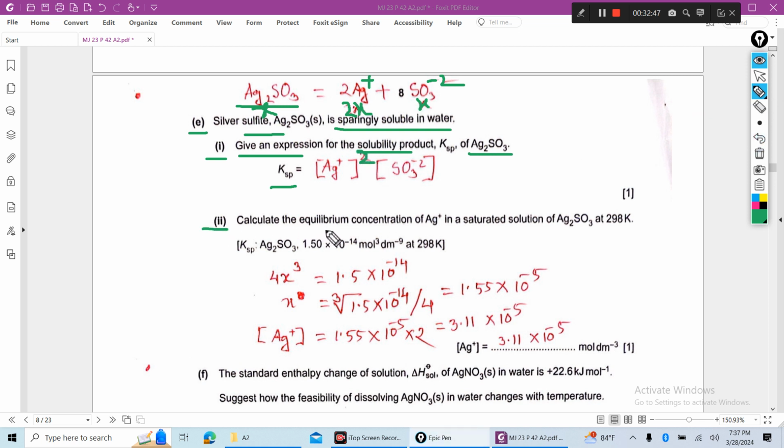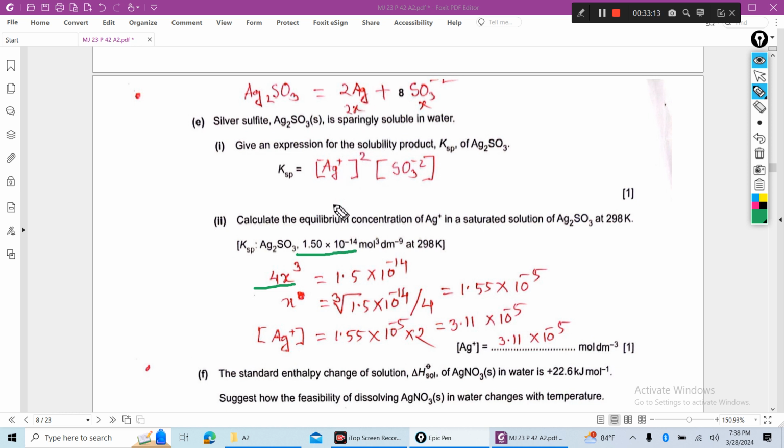Then calculate the equilibrium concentration of silver ion in a saturated solution of silver sulfide at 298 Kelvin. The solubility product of silver sulfide is given. So now 4x cubed equals this value, 1.5 times 10 to the minus 14. Why 4x cubed?